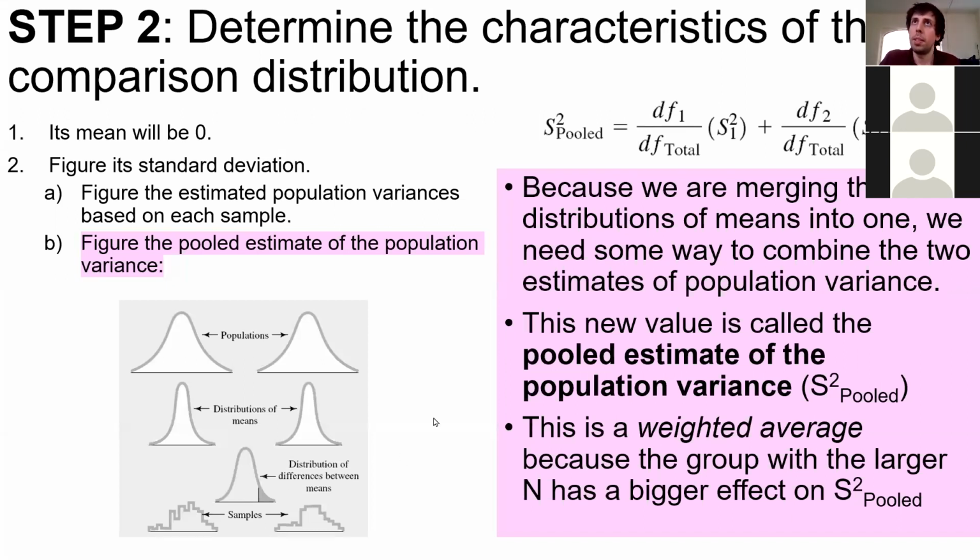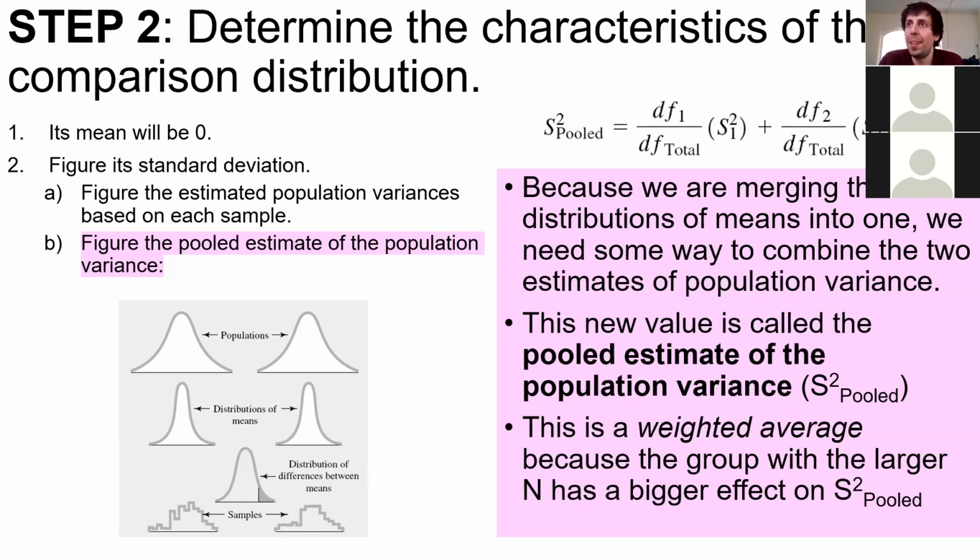All right, so step 2 involves multiple sub-steps where we construct our comparison distribution. And constructing the comparison distribution has multiple steps, but all of the steps, if you do them in the right order, you'll get all the information you need for each step from the previous step, and it all builds on each other. And this new distribution that will serve as the comparison distribution is what we called the distribution of the difference between means.